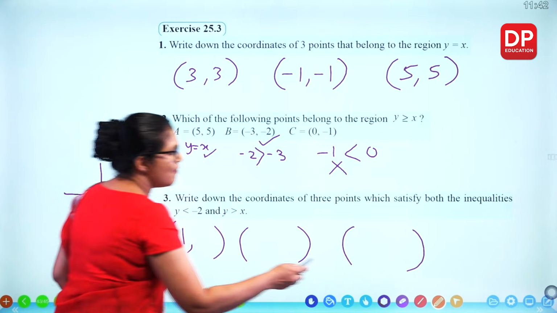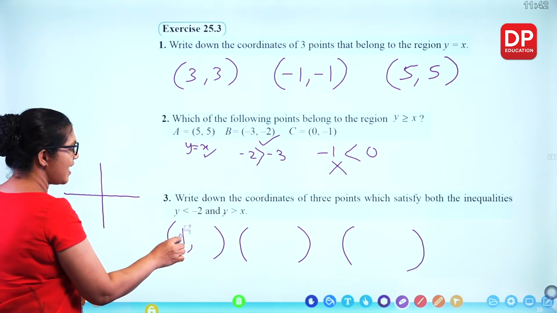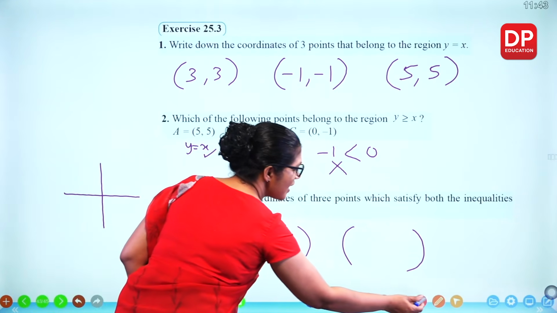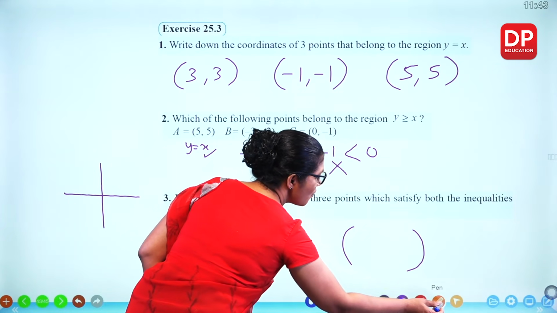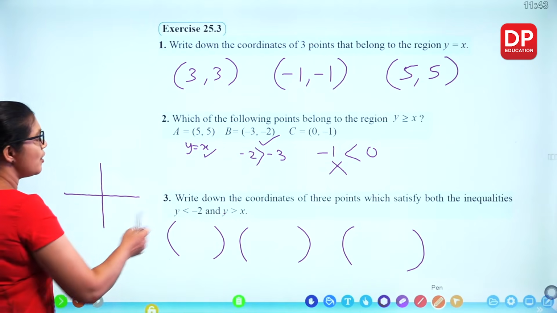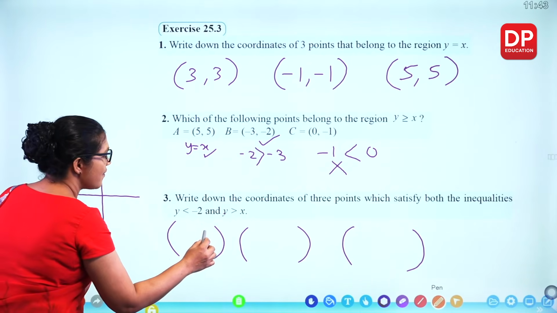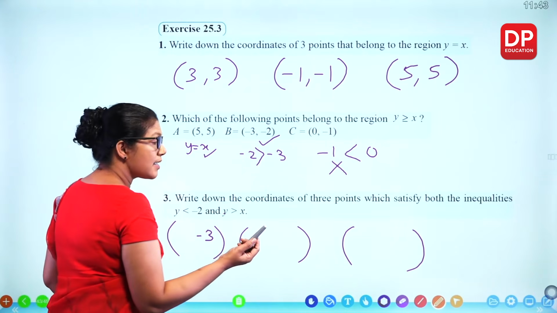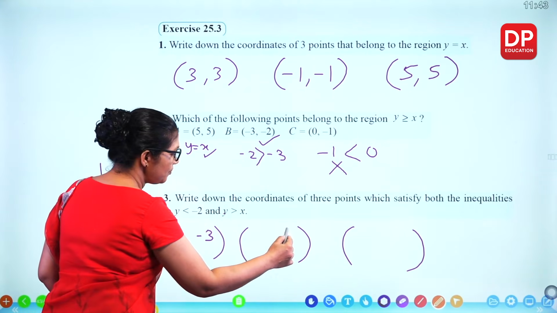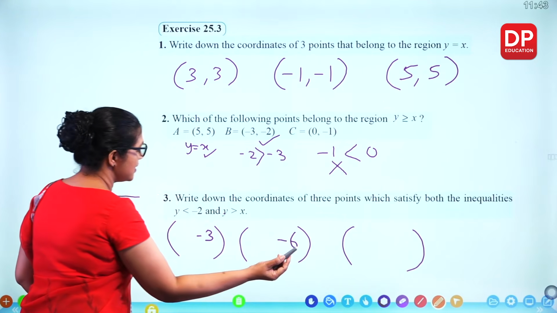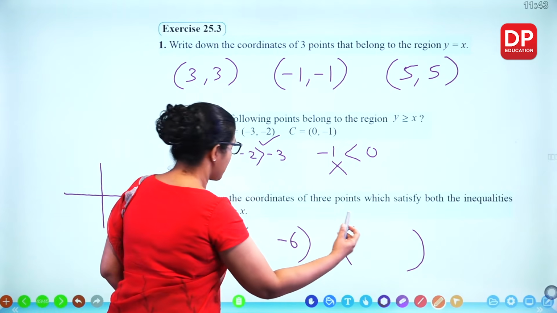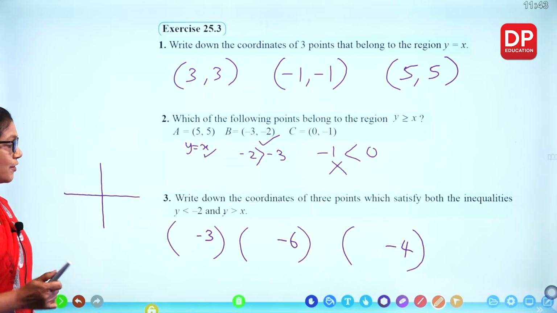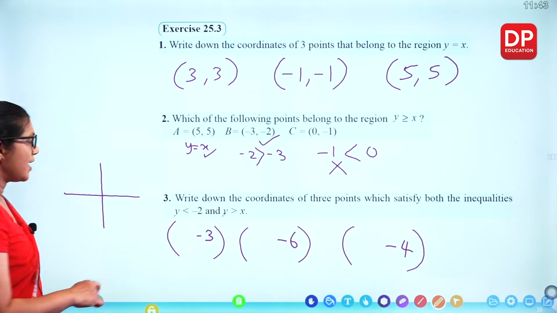So when you are taking the numbers, you can't take x first. You have to take y first. So I can write any value less than -2. I can write -3, -6 and -4 for the y value. Now how can I find the x value?